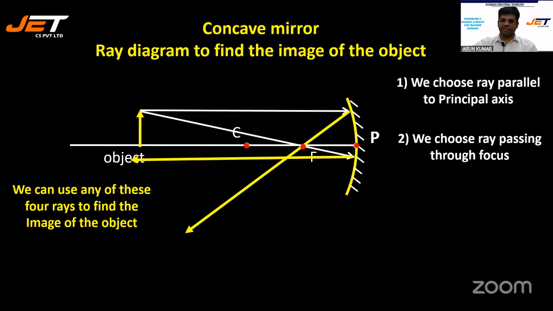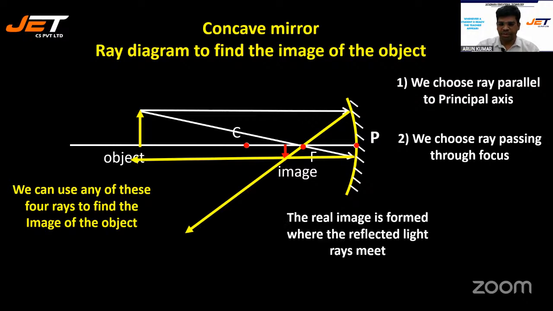The intersection of these two reflected yellow rays is the tip of the image. The red arrow is the image. A real image is formed where the reflected rays meet.